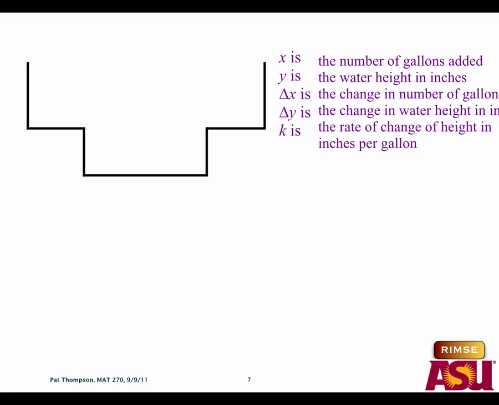Okay, so let's work this out. X is the number of gallons, Y is the water height in inches. Let's put together some ordered pairs before we build the piecewise function. So what is one corresponding pair of gallons and height in inches?